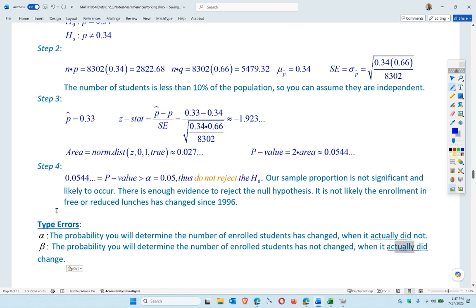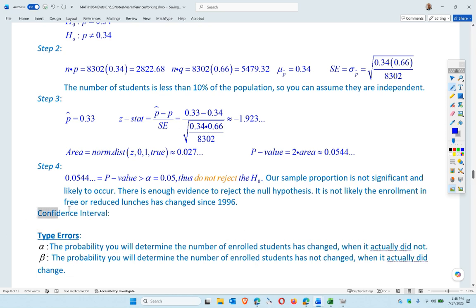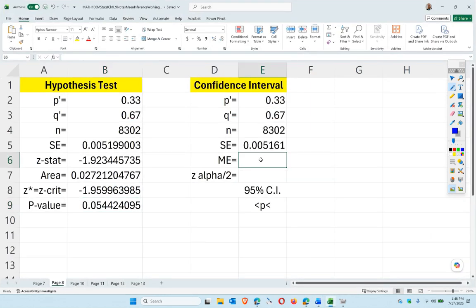All right, let's do the confidence interval. Let's calculate that now. Bold, underline. Okay. So if I calculate the confidence interval, that's going to be z alpha over 2 times the margin of error.